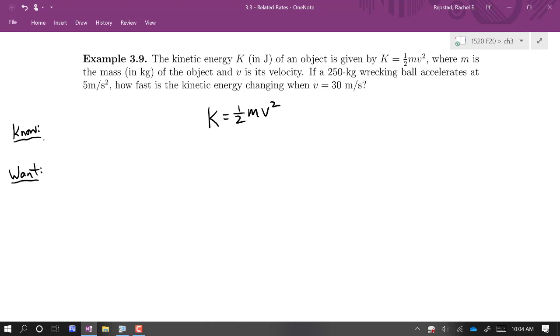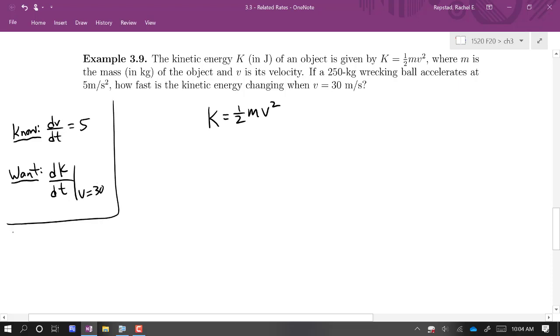Acceleration is the rate of change of velocity, so we know that dv/dt is equal to 5. We want to know how fast the kinetic energy is changing when v is equal to 30. So that's a rate of change of K. So we want dK/dt when v is equal to 30.